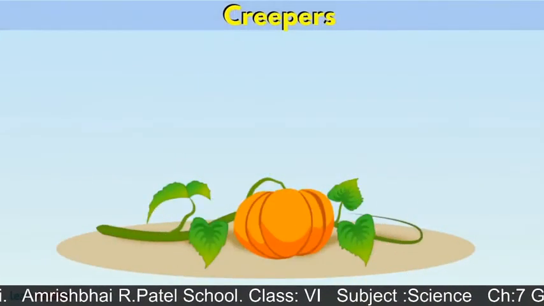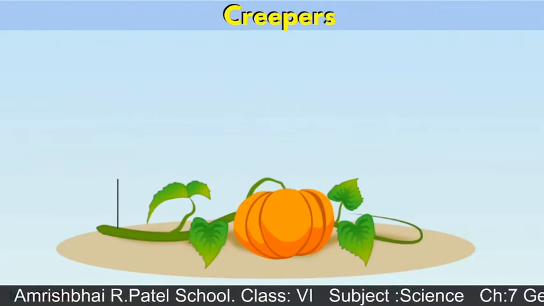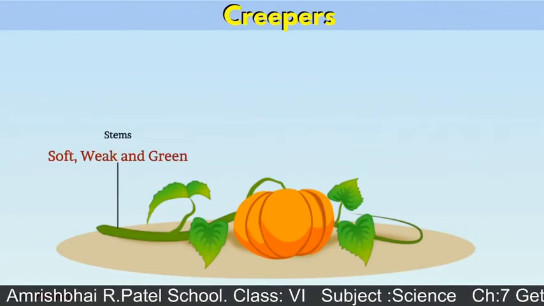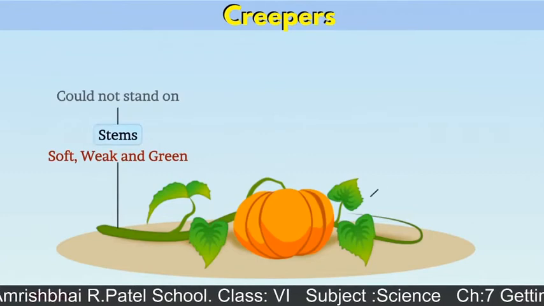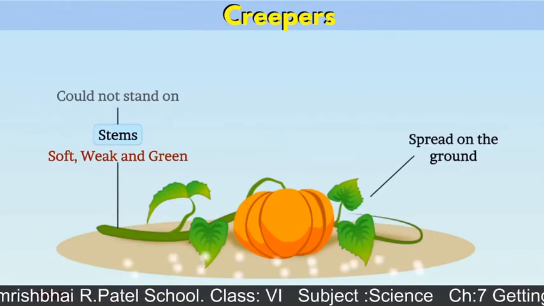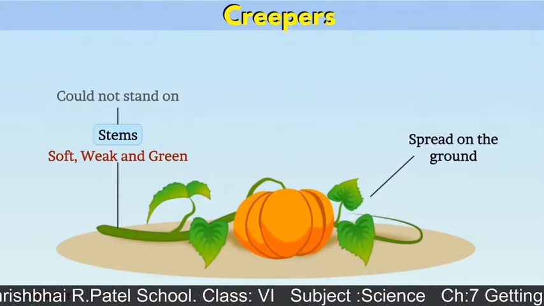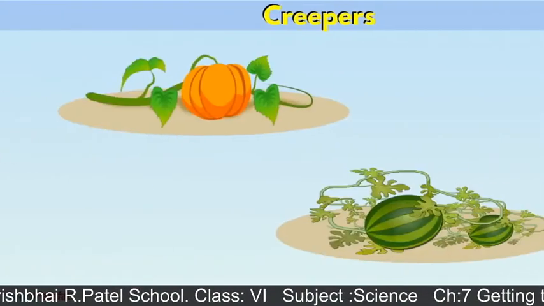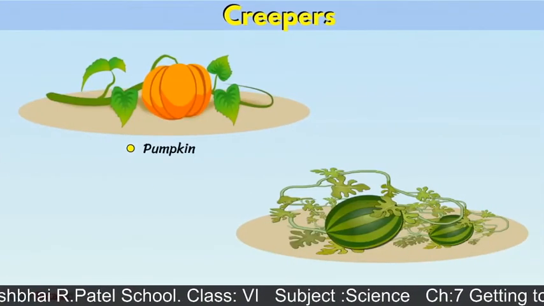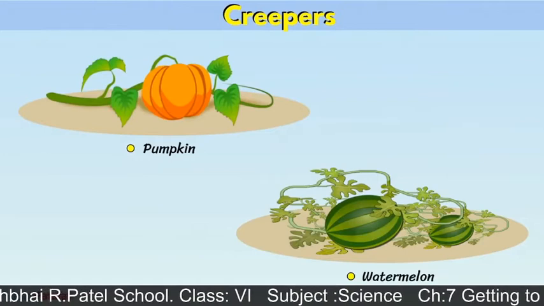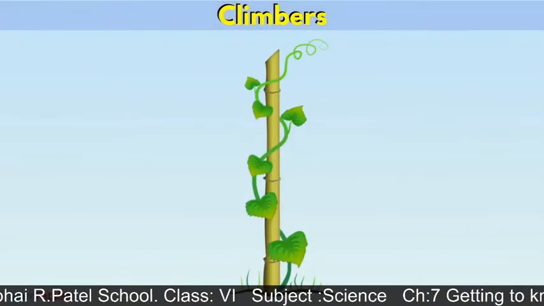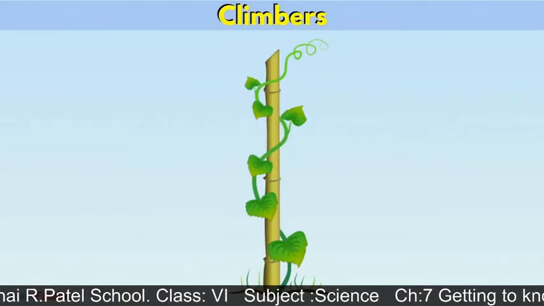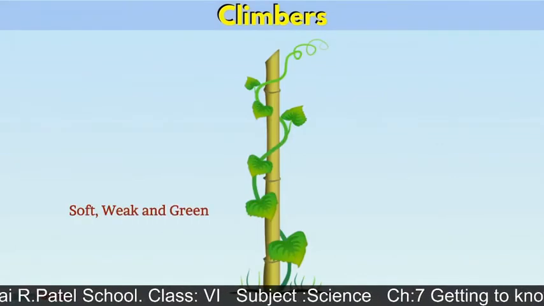Creepers. There are some plants which have soft, weak and green stems. Plants could not stand on such a stem and so they spread on the ground. Such plants are creepers. Examples: pumpkin, watermelon, etc. Climbers. Similar to creepers, some plants have soft, weak and green stems.